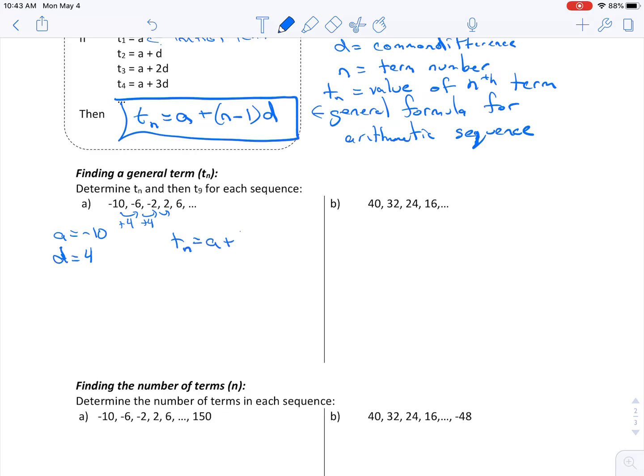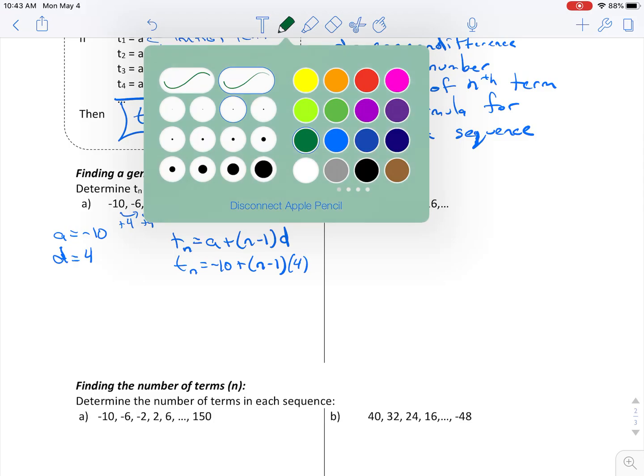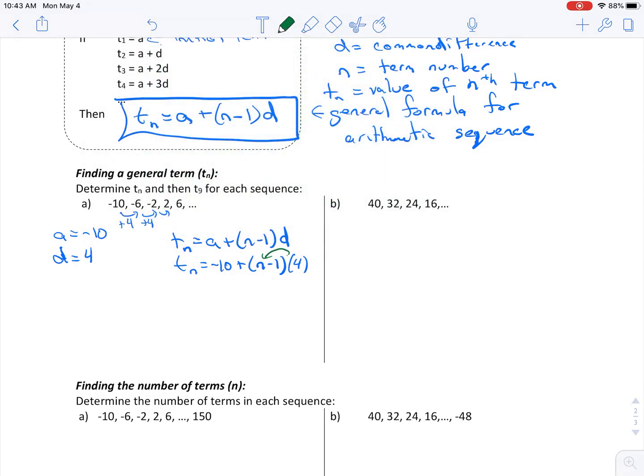So I say my d value is 4. So that allows us to set this up using the general formula. So I'm going to write it out again. And I sub in what I know. So I've got t sub n equals a, which is negative 10, n we're not putting in, and then d is 4.